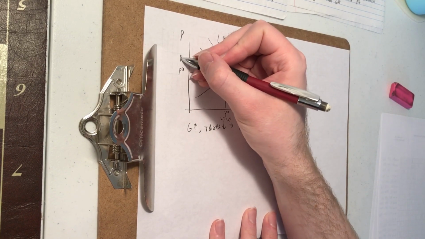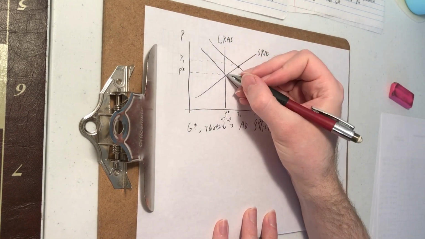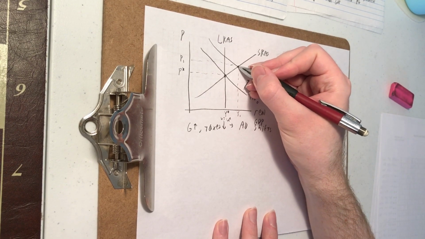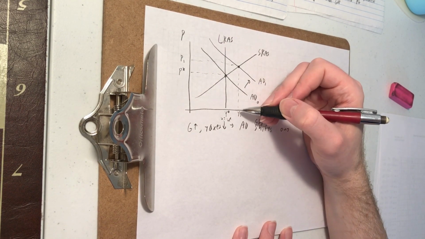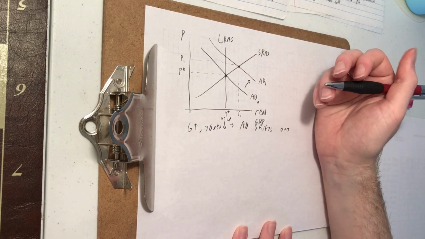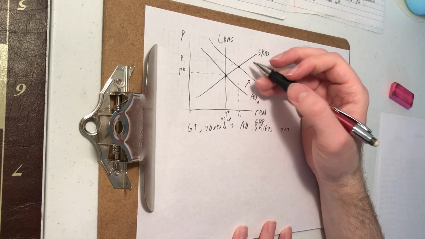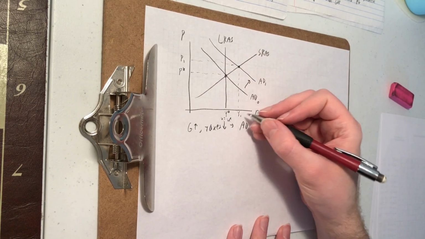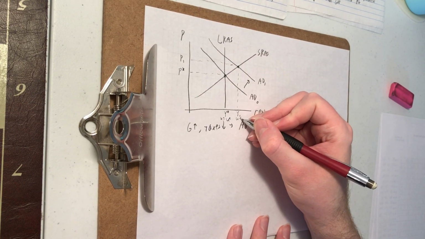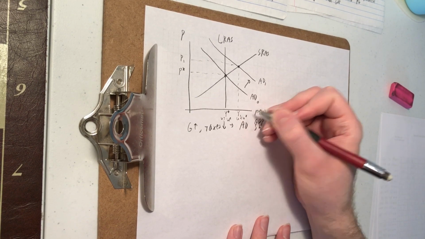Same notation as before. We're not in long-run equilibrium. We're not on our LRAS curve, so that means these ones do not get a star. When we're above the LRAS curve out here, that means the economy is doing well, which means less unemployment. So U is going to be less than U star.